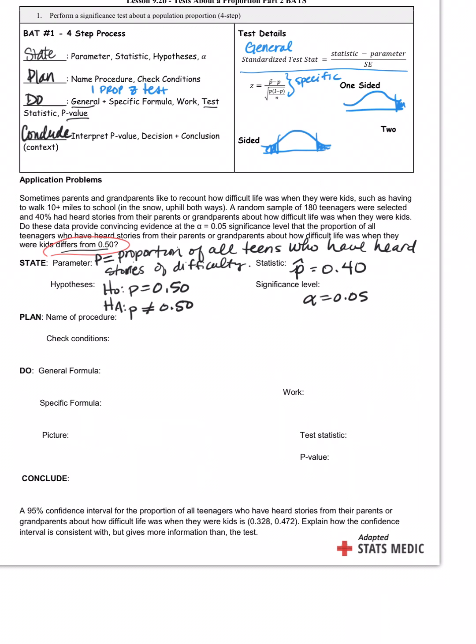Now, in the plan step, we're going to name the procedure. This is the one proportion z-test. And let's check our conditions. Was the sample random? Yes, it's stated. N is 180. Let's check 10%. Is 180 less than 10% of all teens? I believe so.